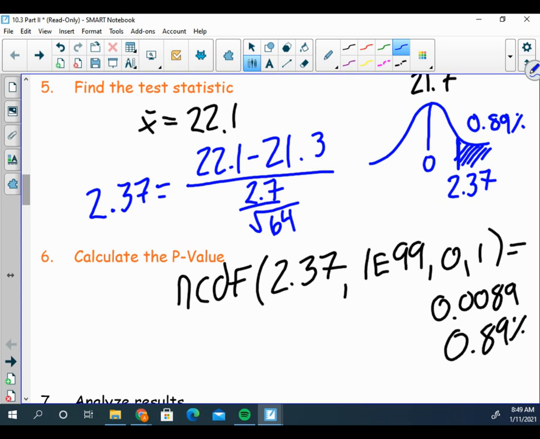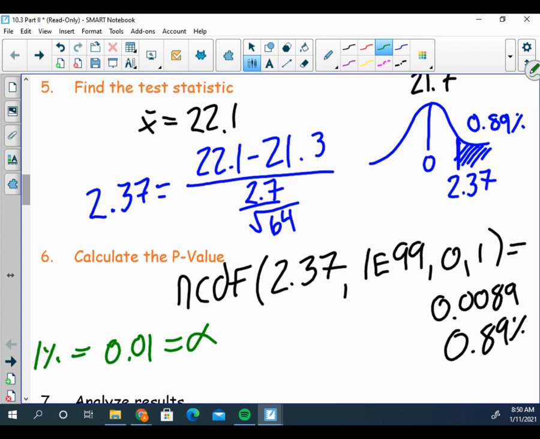Now what you do is you think about your level of significance. Our level of significance was 0.01. In other words, 1%. So when we think about this, if our significance level is 1%, if my cutoff point is the top 1%, and there's less, it's 0.89, but a less than 1% chance that I get a data value that extreme, am I going to reject the null?